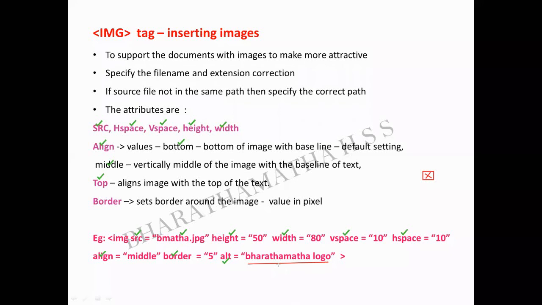For that only you have this alt attribute. So this is related to your image attribute. So we'll just see how this works. I'll show you. This bmata will not be there.